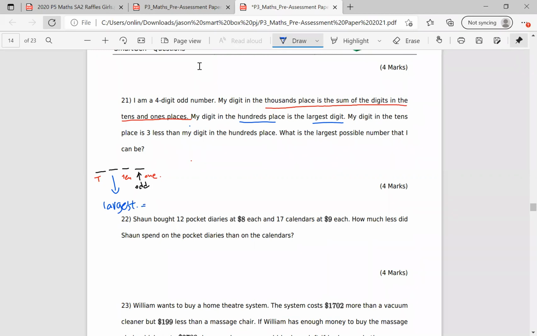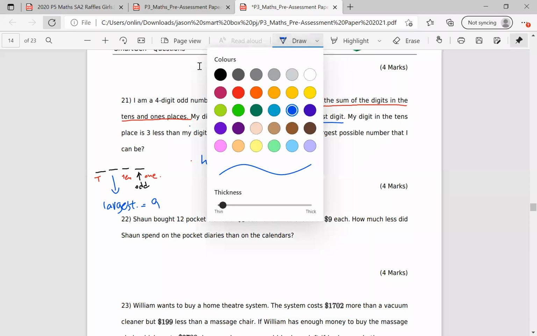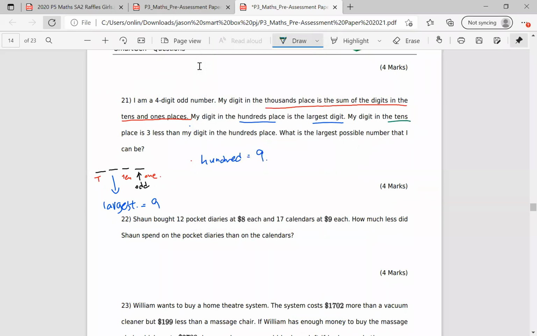If I want the largest possible digit, my 100 place should be 9 because that's the largest possible number that I can have. So if my 100 place equals 9, then my 10 place will be 3 lesser than that, which gives me 6.